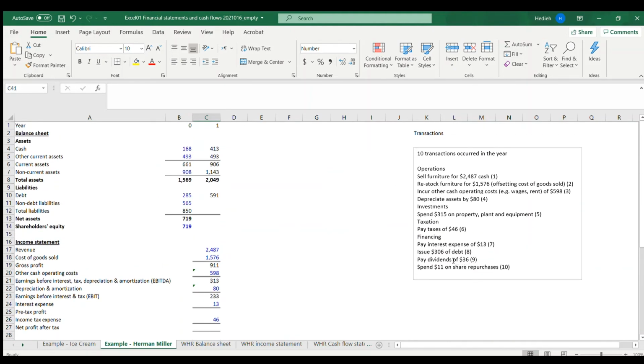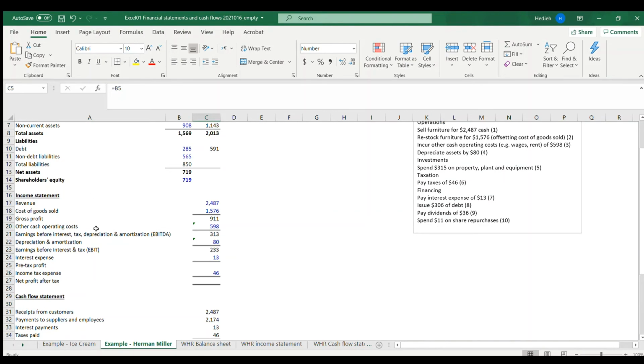transaction 9. In transaction 9, the company pays dividends of $36. This payment of dividend is in the form of cash, so your cash holdings should decrease by $36. After your cash holding is affected by paying dividends, you should know that the income statement is not affected by paying dividends.